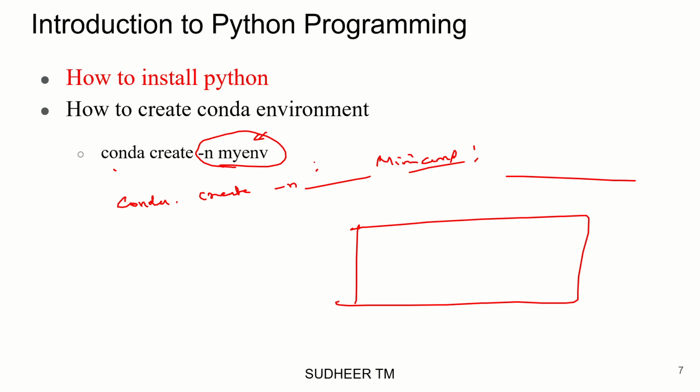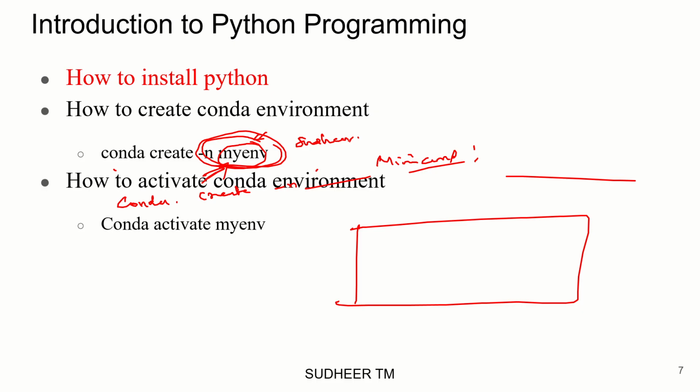So conda create minus n my environment. This is just a sample, it can be anything. I will be using my name, Sudhir. You can use your name, just for remembering which environment it is. After this, just a few seconds is enough for installing.